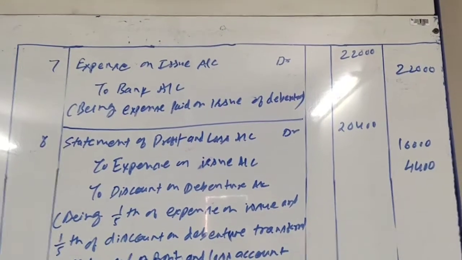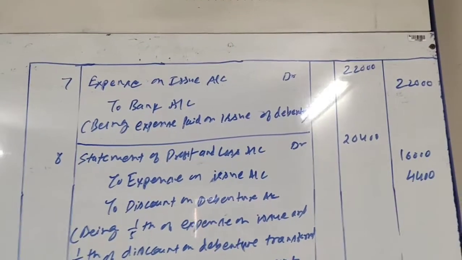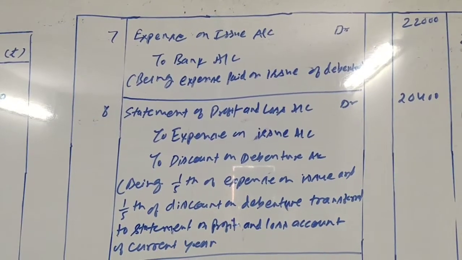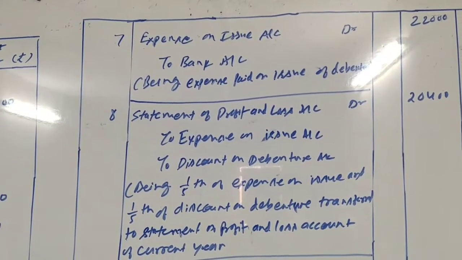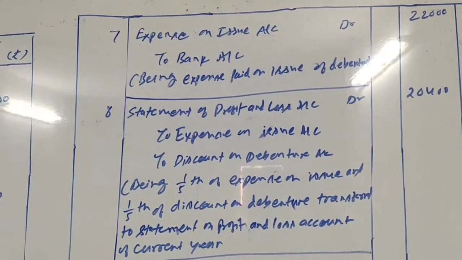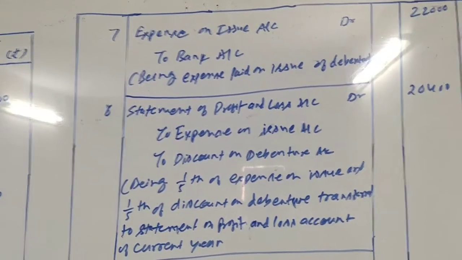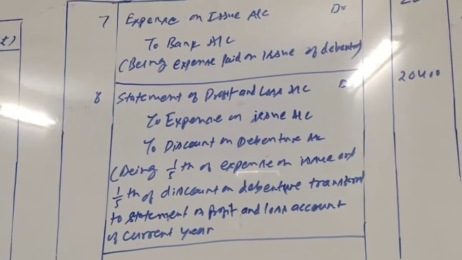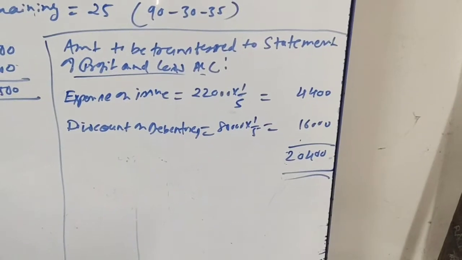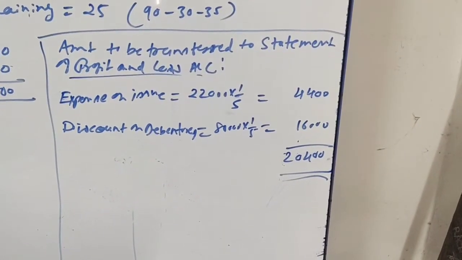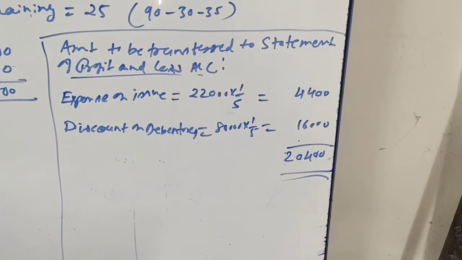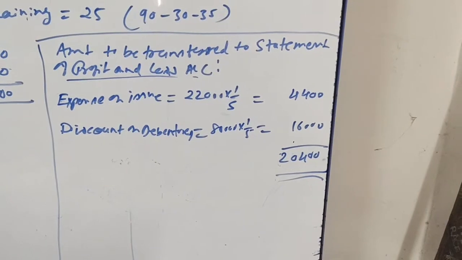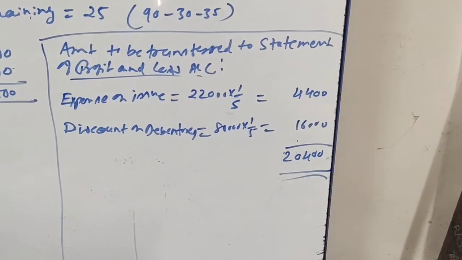Okay, now finally, friends, it was given that each year the company wants to transfer 1/5 of the amount of expense on issue and debenture discount to statement of profit and loss account. So in the current year the company will have to transfer 1/5. First of all, we will calculate 1/5 of both amounts, that is expense on issue and debenture discount. Expense on issue 22,000 into 1/5 comes to 4,400, and discount on debentures 80,000 into 1/5 comes to 16,000, and total 20,400.